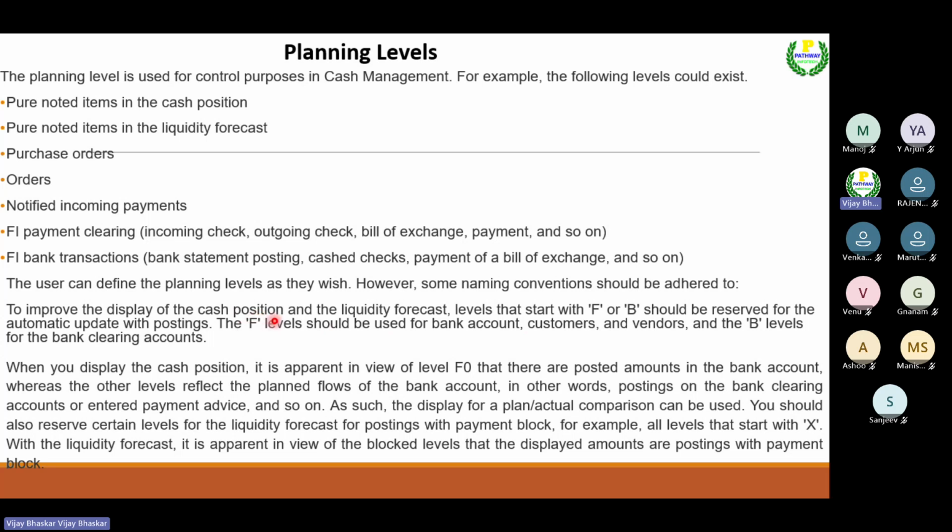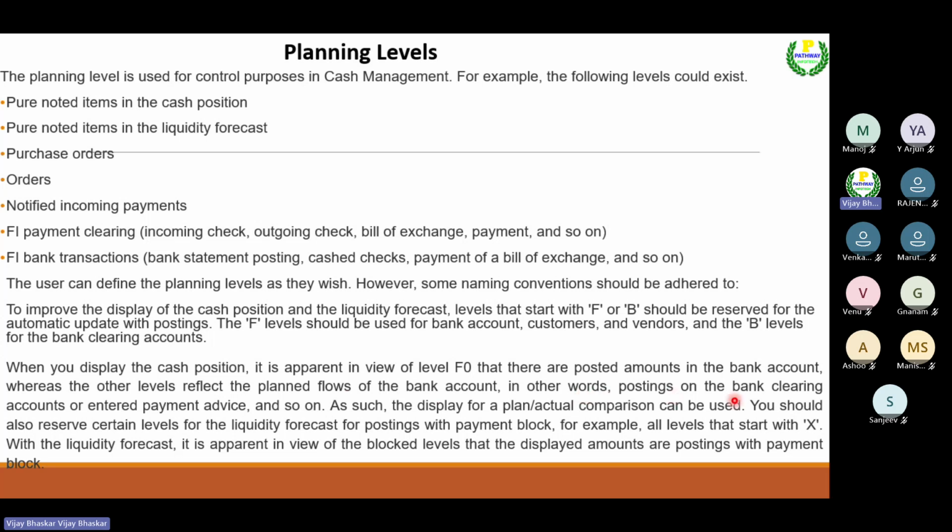We are going to forecast for the vendors and customers, I mean for bank accounts, and now customers and vendors. B means bank levels for the bank clearing accounts. Now you could see when you display the cash position, it appears in a view of level F0 that there are posting amounts in the bank account, whereas the other levels reflect the planning flows of the bank accounts.